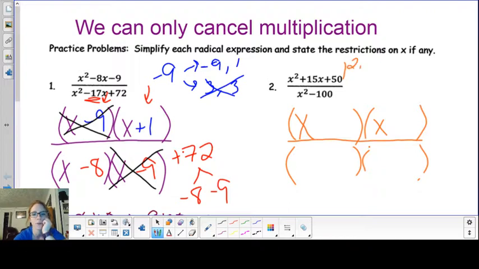Well, I got 2 and 25, but does that give me 15? Nope. What about 5 and 10? Yep, 5 and 10 get me to 15. And I want a positive 15 and a positive 50, so both of them are going to be plus and a plus.